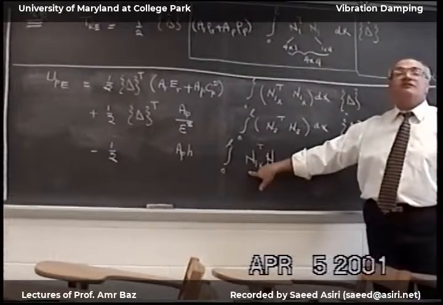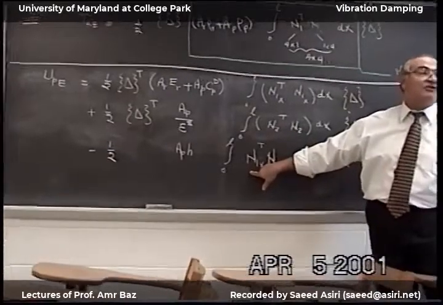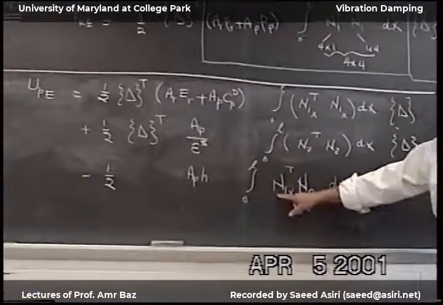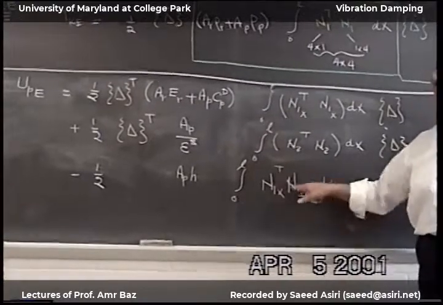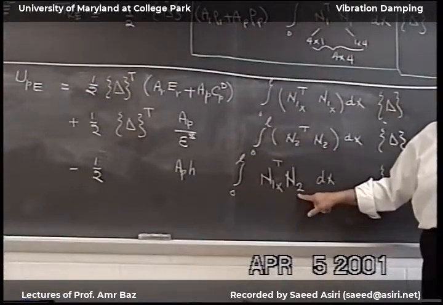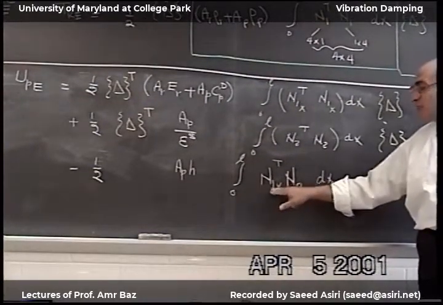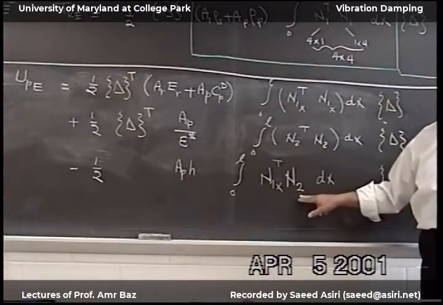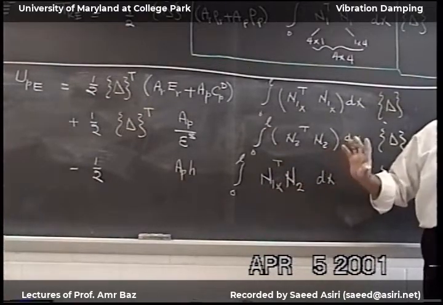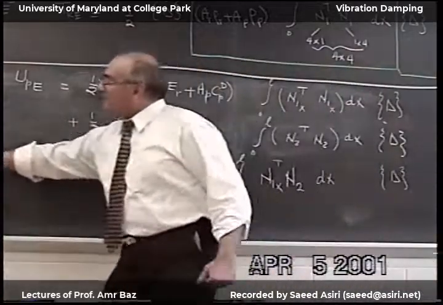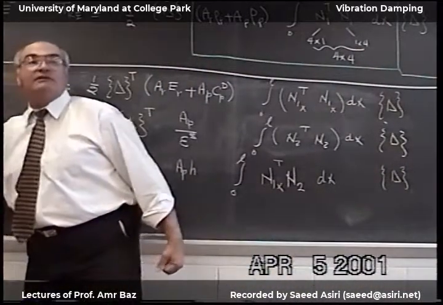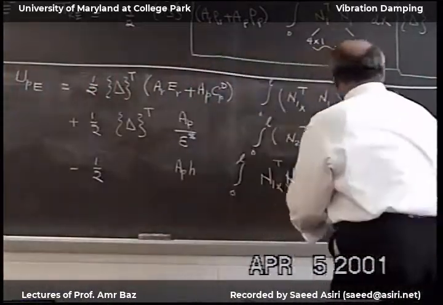These two matrices are different. N1 and N2 are different. So N1x transpose N2 is not the same as N2x transpose N1. They are different. So I have to do this alone and then add to it this term alone. So this will be here.